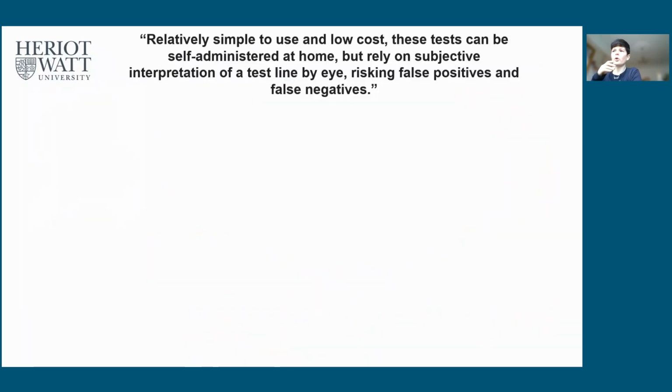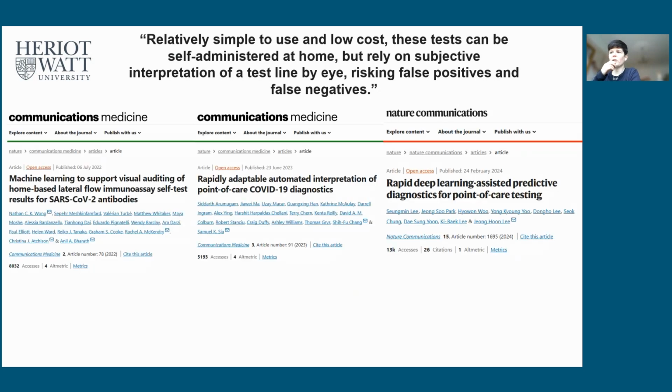The move towards digital interpretation of lateral flow devices is well supported in the literature, and here I've put a few examples. They relate mainly to the use of machine learning to interpret, and could work from visual data rather than electronic data. But it does articulate quite well the problem, which is that these tests are subject to human interpretation of a test line by eye, and that increases the risk of false positives and false negatives.